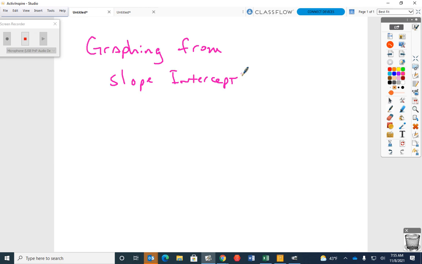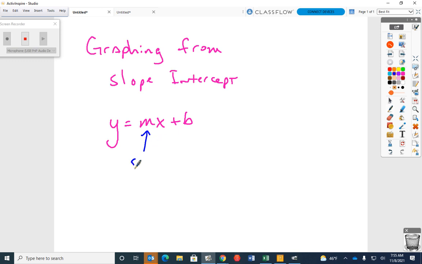What does that mean? Slope intercept. Y equals mx plus b. Okay, now these have some specific meanings. Like this, for example, that m stands for what?